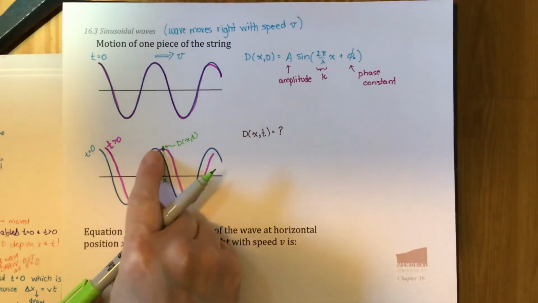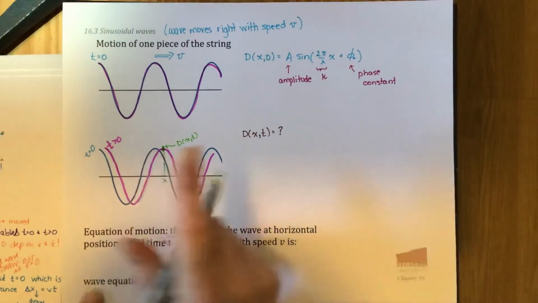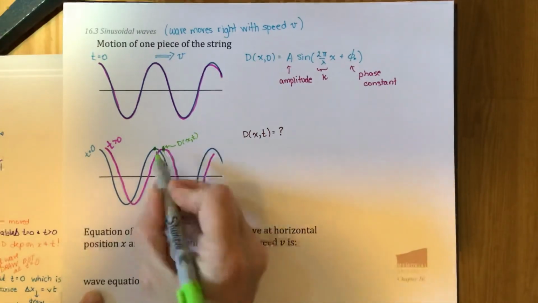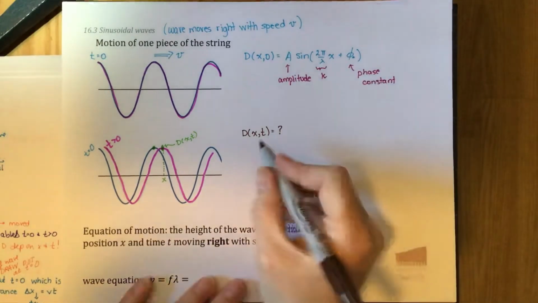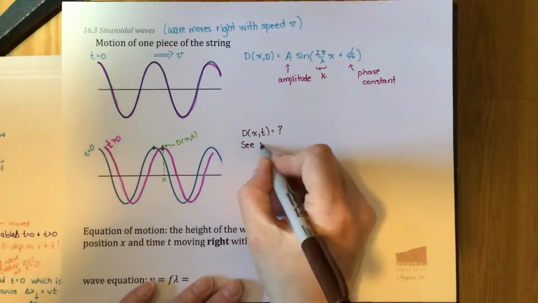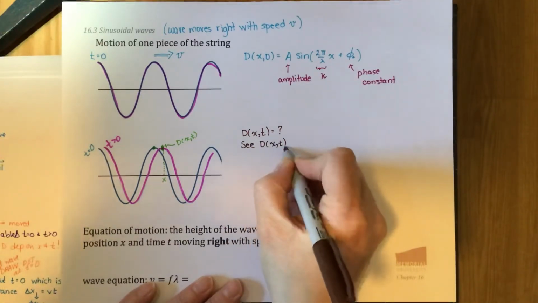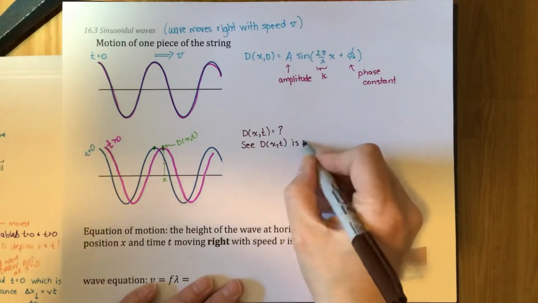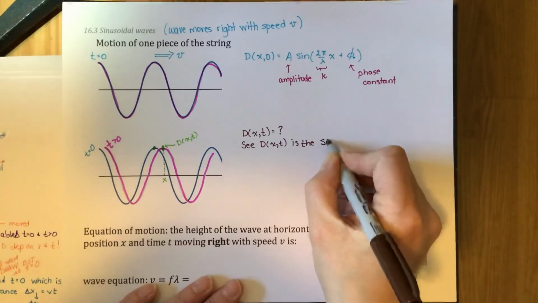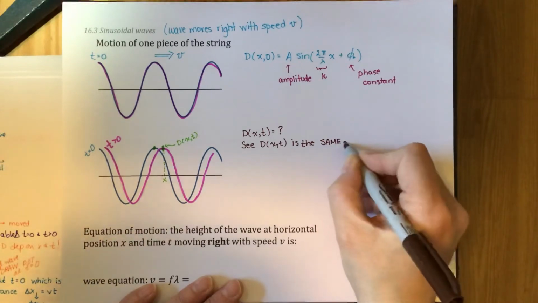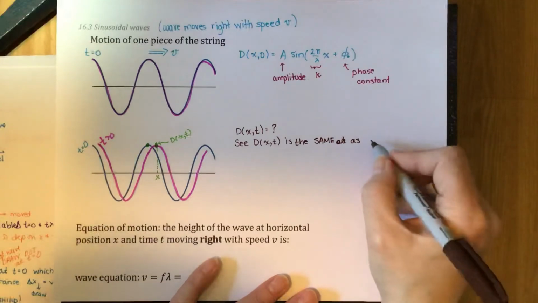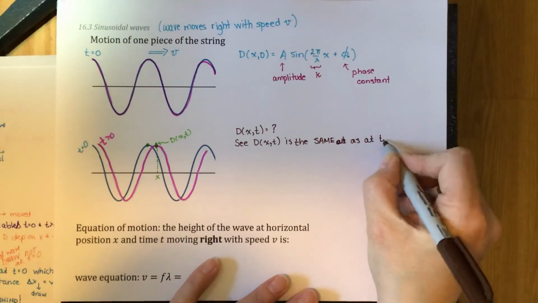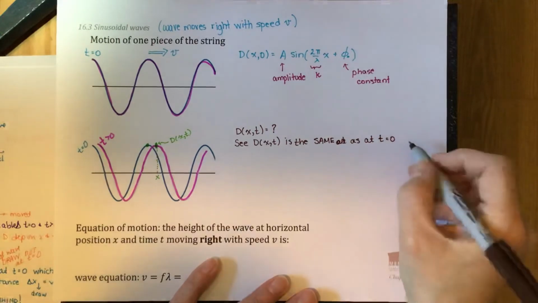Well, this spot is exactly the same height as this spot. So let's just draw a dot here. Those are exactly the same height. So that's something that we see. So let's add that note here, that d of x and t is exactly the same as the point on the wave at t equals 0, which is a little bit of distance behind.